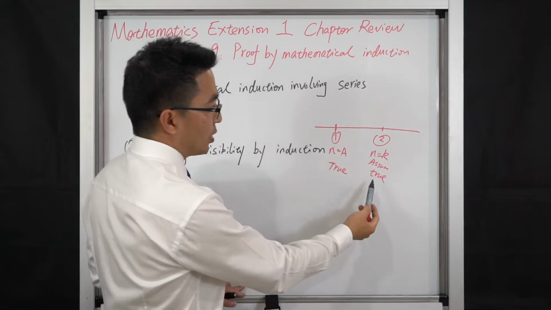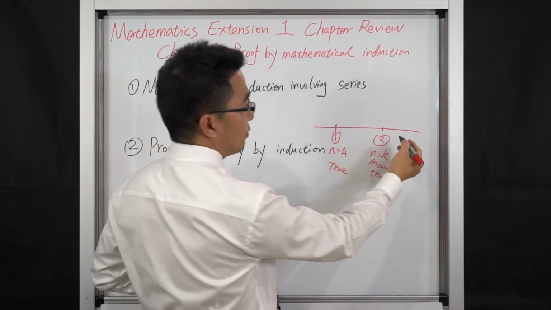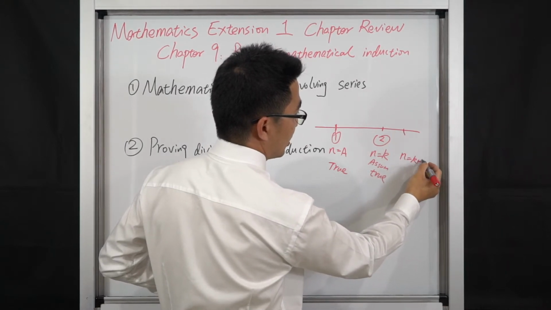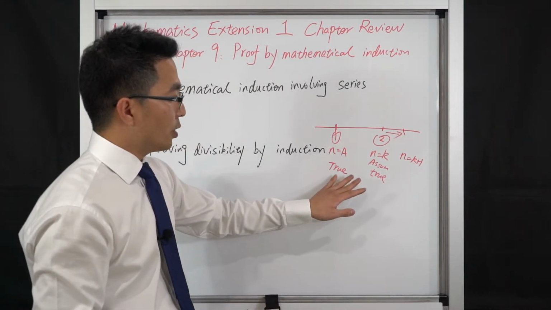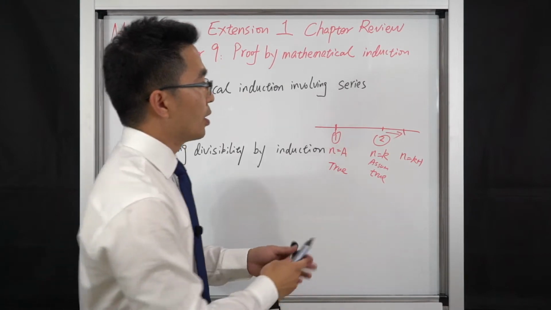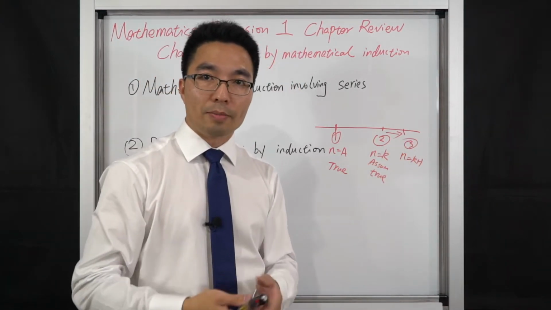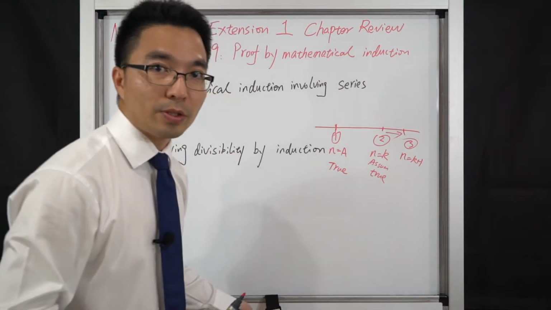Based on this assumption, we have to prove the statement one step further to n equal to k plus 1. One step further. So if we can prove that the statement is true from these 3 steps, then we can conclude that by mathematical induction, the statement is true. Okay, let's have a look at the question here.